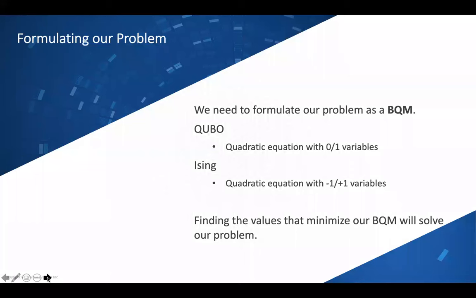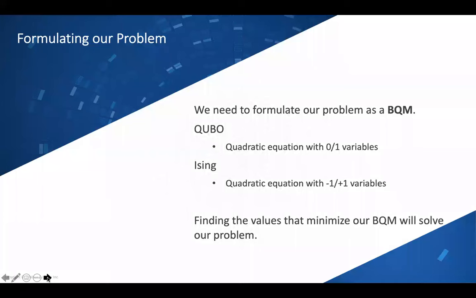And something that in software sits underneath them, but conceptually represents both, is BQM, binary quadratic model. So what we want to do is code up the problem and let the quantum computer or solver, whatever we use, find the values, the zeros and ones or the -1s and +1s, that will solve the problem.